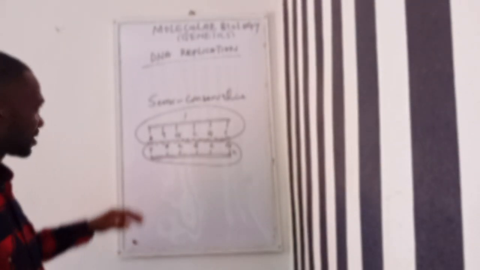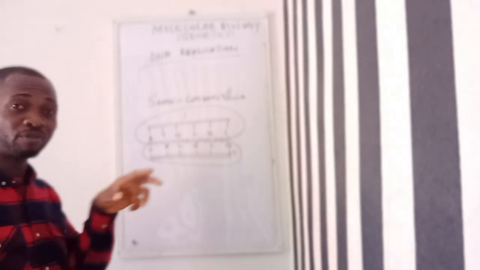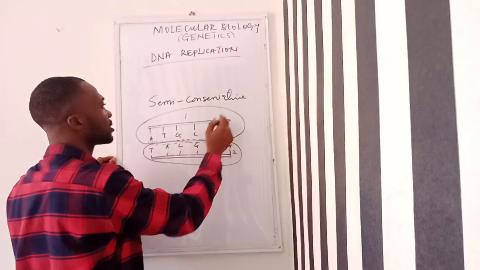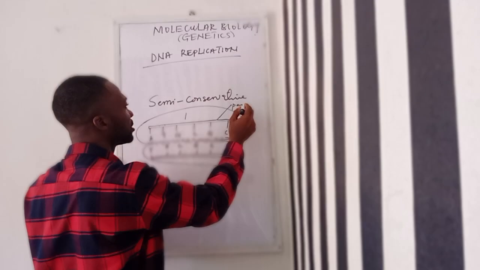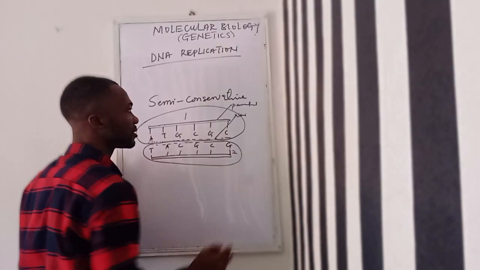What it means is that the offspring strand, the newly formed strand, contains one parental strand, and then one newly synthesized strand.